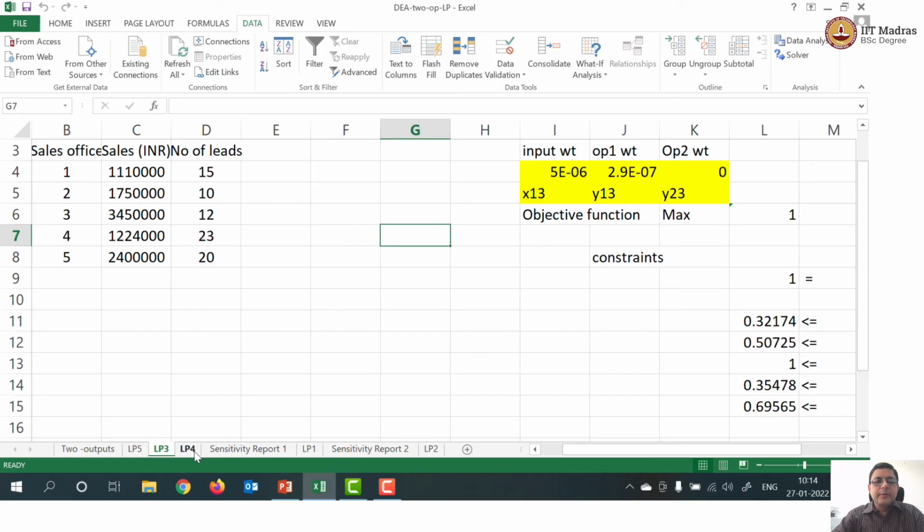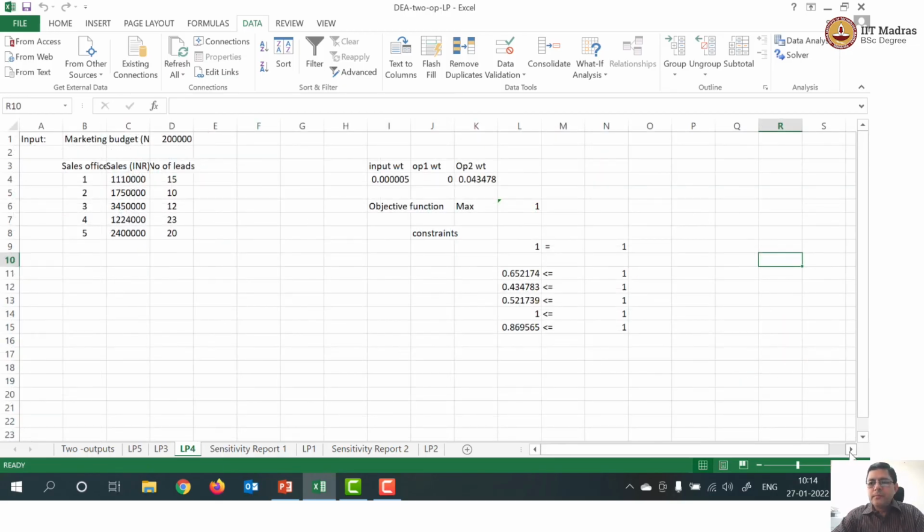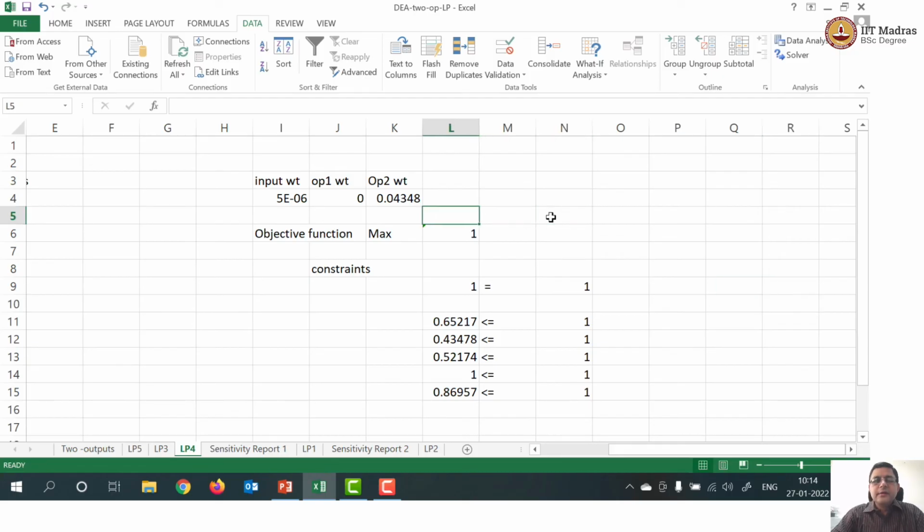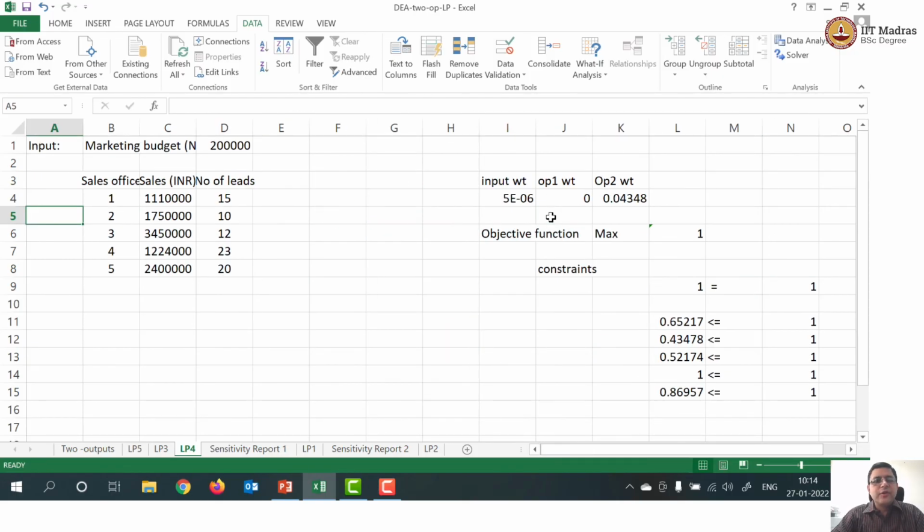Okay. Similarly, you can go to sales office 4, and notice I'm not going to solve this LP again, but you know how this is. This is your X14, this is your Y14, this is your Y24.